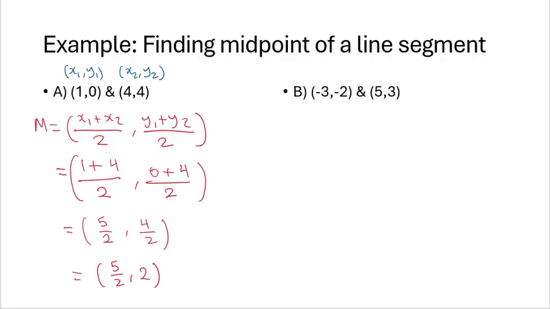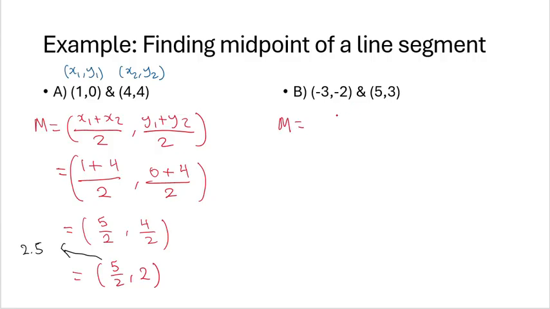Now, if you're wondering what 5 over 2 is, it's the same thing as 2.5. That means the midpoint between 1, 0 and 4, 4 is 2.5, 2. It will make sense once I show you the graph in the next slide and we can point it on, but let's go through the example first.